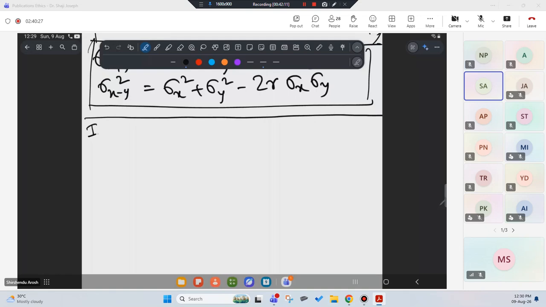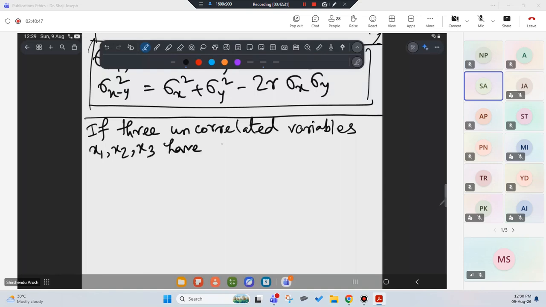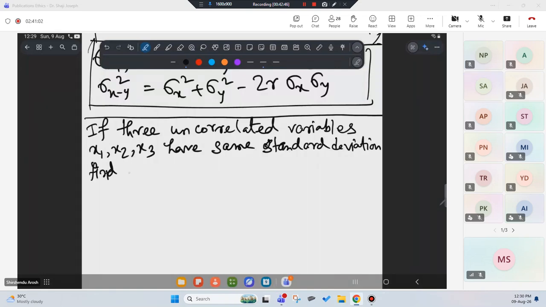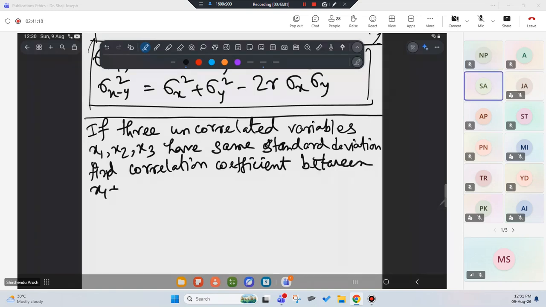Say, if uncorrelated variables x1, x2, and x3 have the same standard deviation, find the correlation coefficient between x1 plus x2 and x2 plus x3.